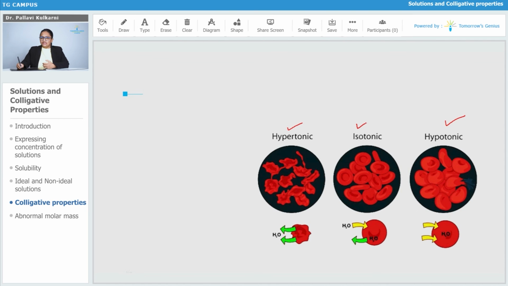If it is an isotonic solution, iso meaning same osmotic pressure, and cells are put in such a solution, then the resultant effect will be nil. Why? Because at the same time water will go in and come out. Therefore in isotonic solutions the effect will be nil.